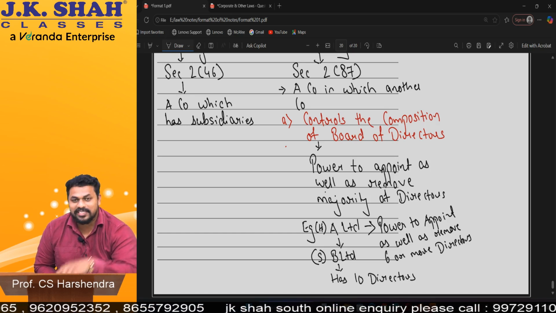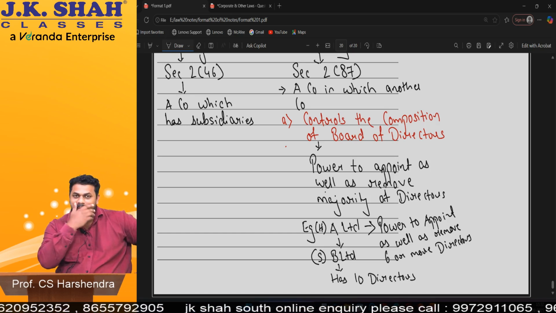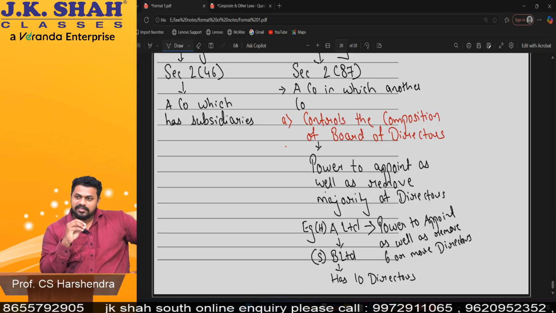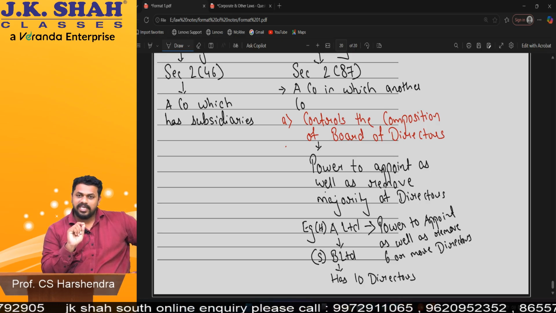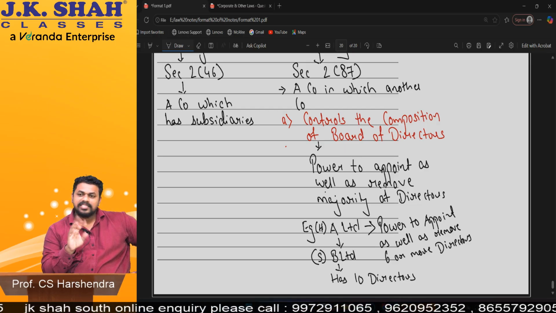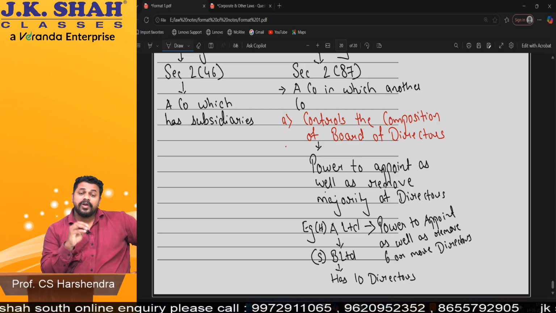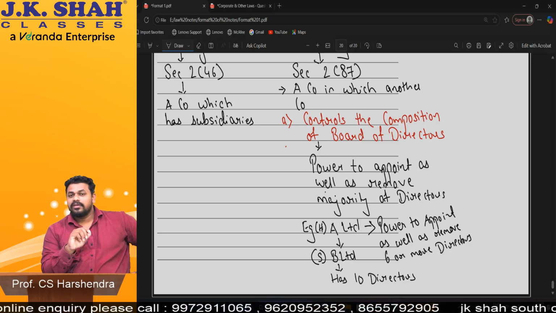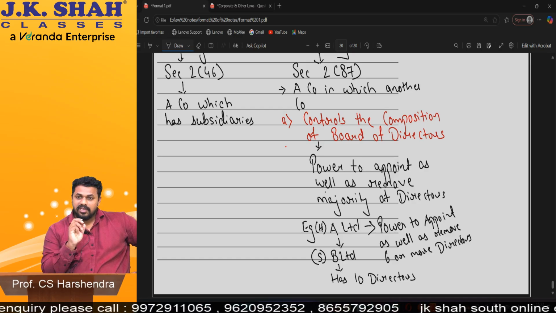You know why? See, I'm telling you logically. Directors are appointed in the members' meeting, and for appointing a director, an ordinary resolution is required. What do you mean by ordinary resolution? Majority of votes are required.